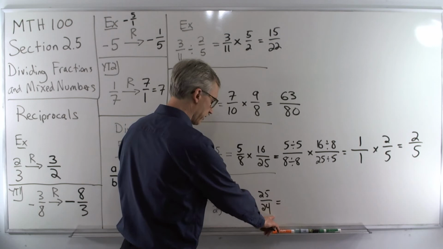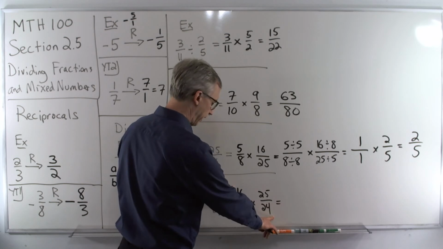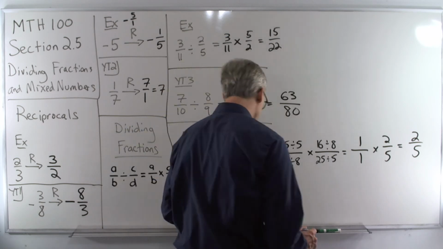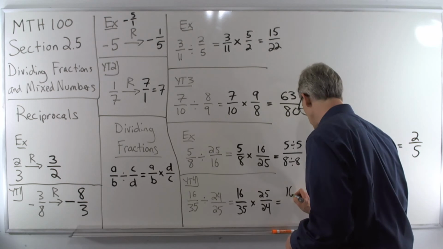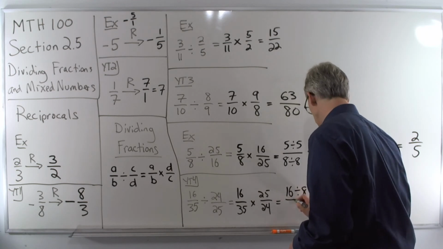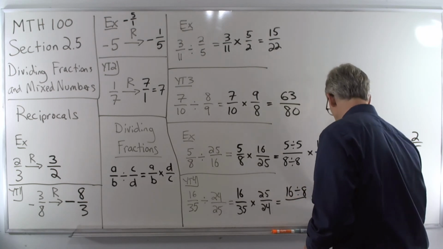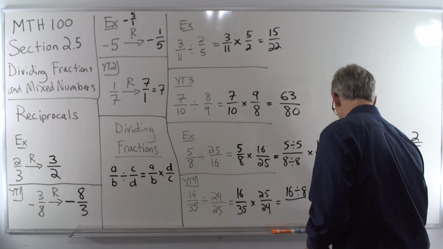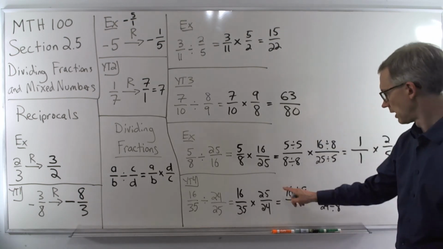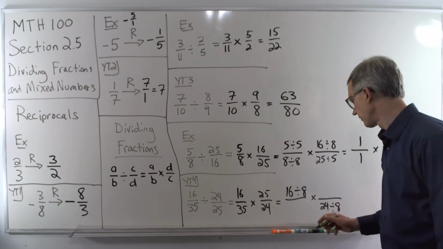We can simplify here. We've got a greatest common factor of 8. So we'll divide both 16 and 24 by 8. And common factor of 25 and 35 is 5.